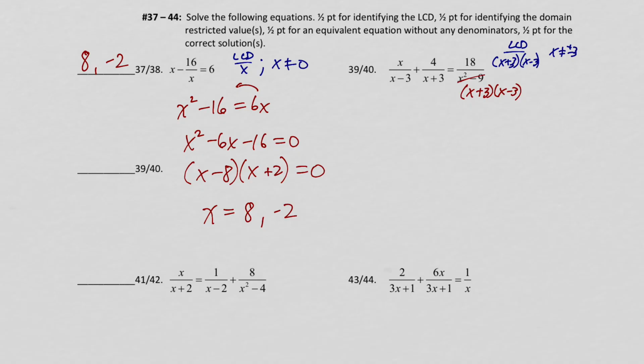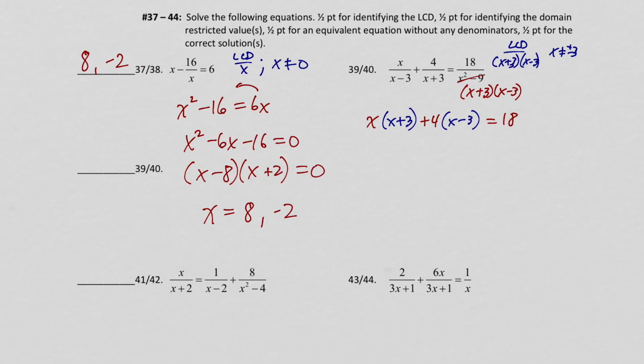Okay, now I'm going to take this numerator, the x, and I'm going to multiply that by what's missing from the denominator, this x plus 3. And then I'll take this plus 4 in the numerator, and I'll multiply this by what's missing from the denominator, this x minus 3. And then I'll take this numerator, the 18, and I'll multiply by what's missing from the denominator, but nothing's missing. So I don't multiply this by anything.